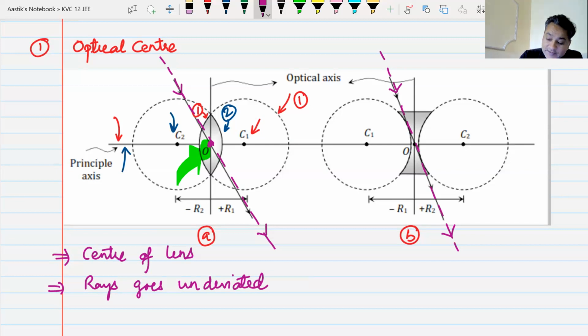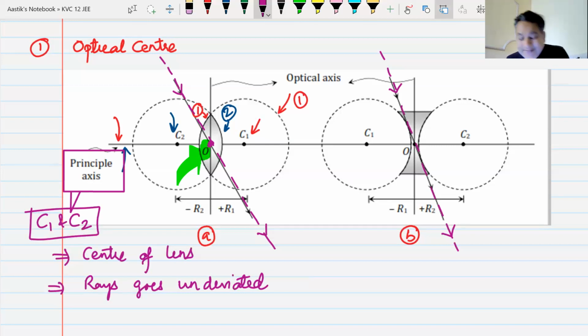Then the second heading is principal axis. What is the principal axis? The principal axis is a line joining the centers of curvature, C1 and C2. Do we understand this, everyone? Understanding these definitions is the only thing that we have to do to perform better in this entire class.